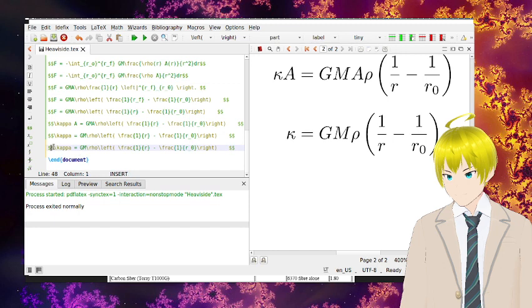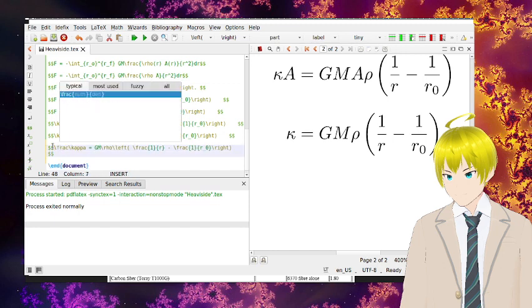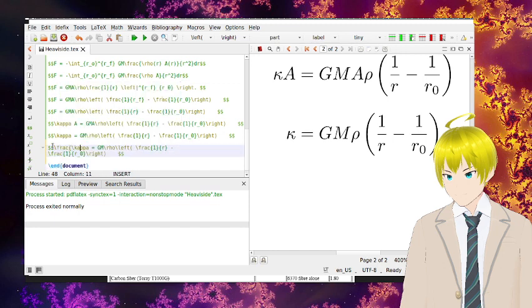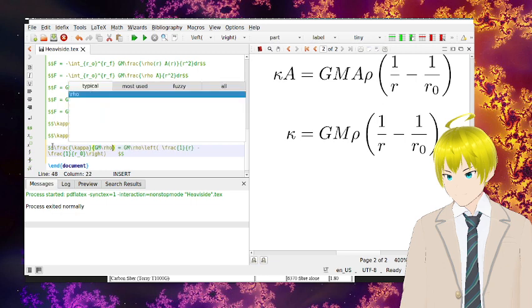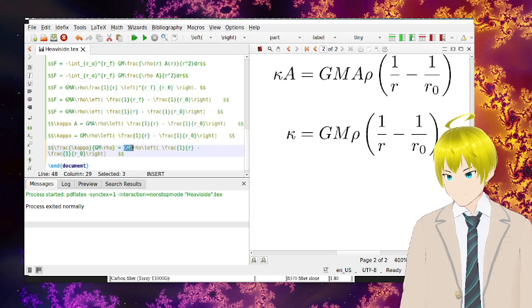Kappa over GM rho. And I guess we have to subtract 1 over R naught. So bring these on the bottom, then add 1 over R naught.